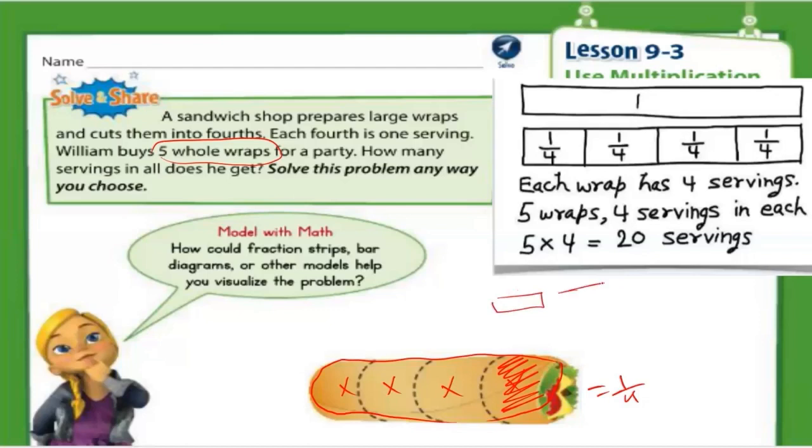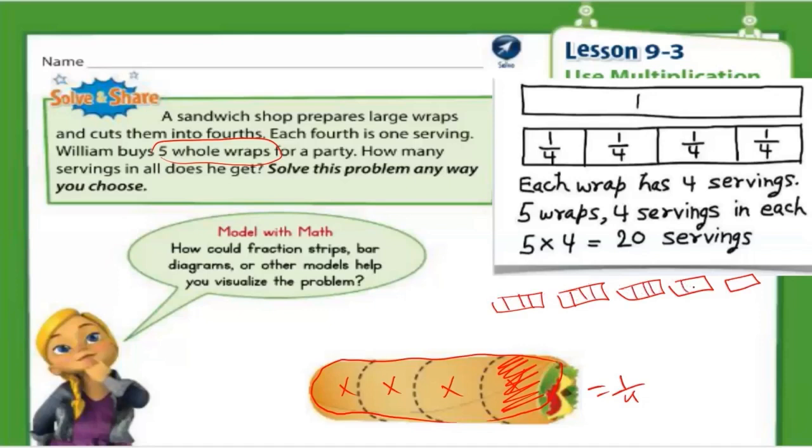1, 2, 3, 4, and 5. Okay, these are the 5 wraps. Each one is divided into 4 pieces, as you see in front of you.